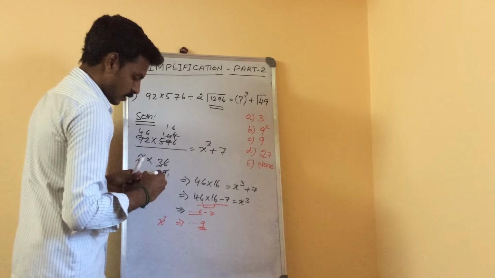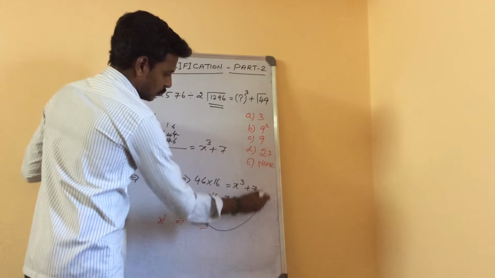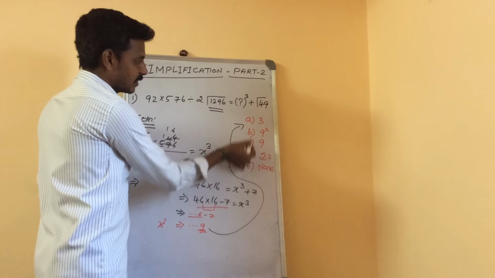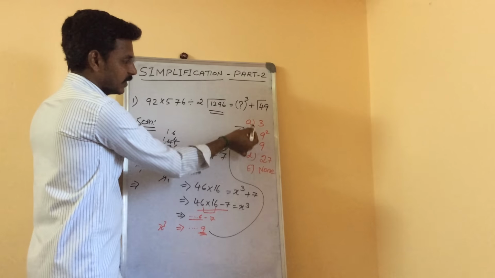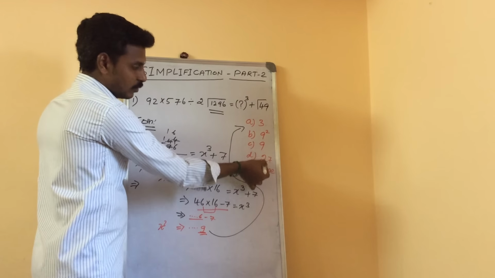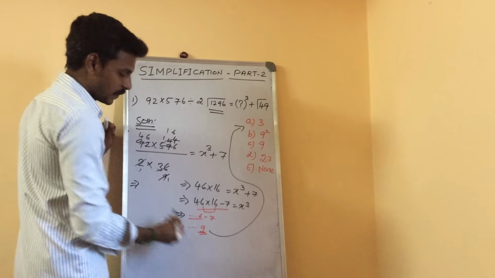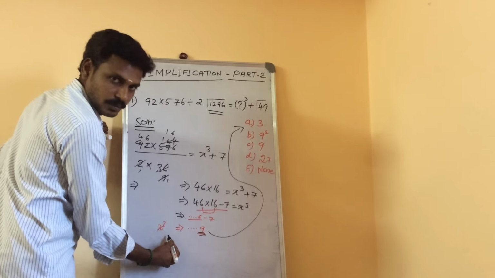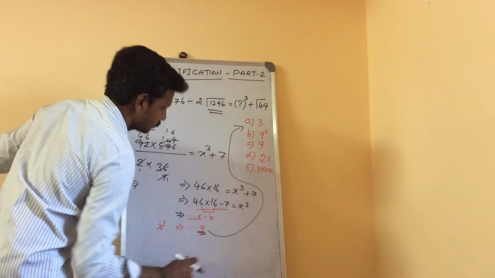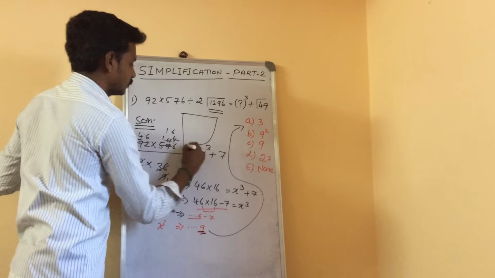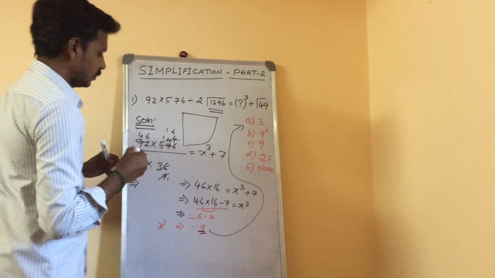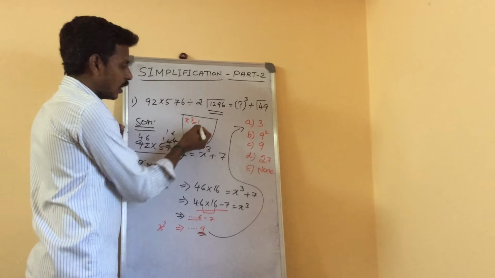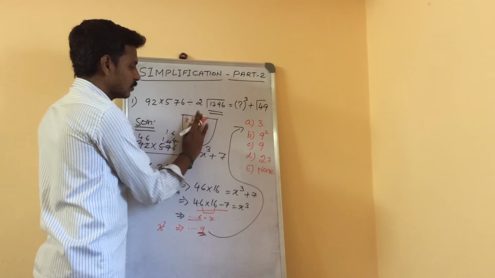So now go to the options. What are the options given here? 3, 9 square, 9, 27, none. So our target is that x cube ends with 9. For example, if x is 1, the cube ends with 1.